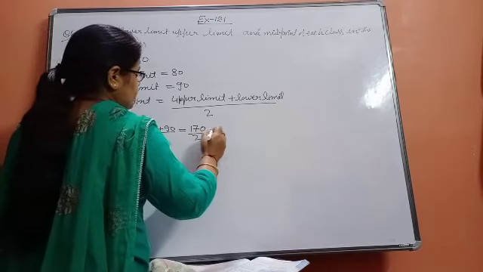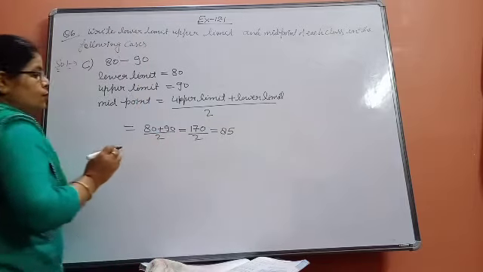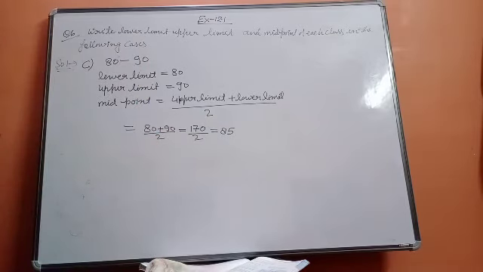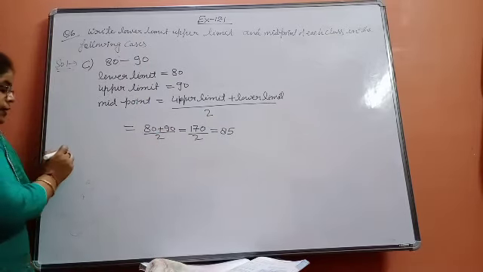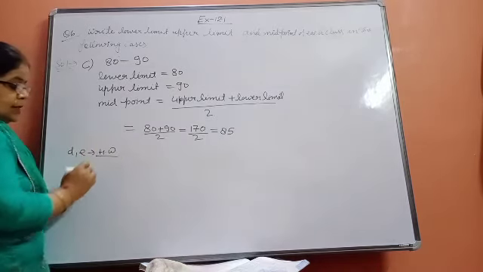So how much will it be? 2 eights are 16 and 2 fives are 10. So midpoint will be 85. In this way you can complete D and E parts of the same question in your homework.